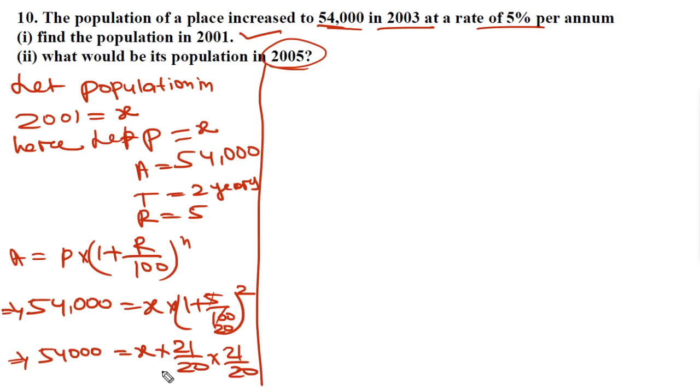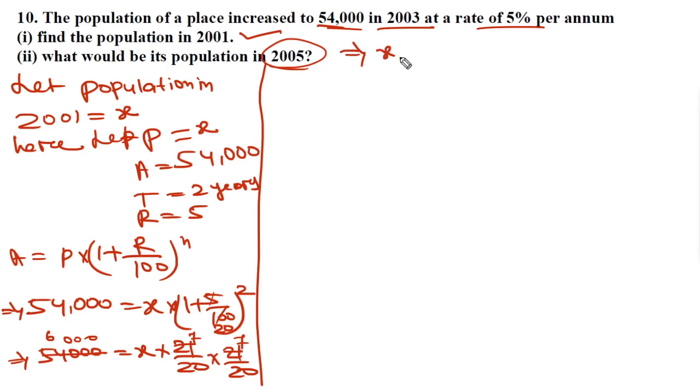Now you can cancel it. I can cancel it with 3 7s. It will be 3 7s. Here it will be 9 6s, the 54,000. So we have to multiply 6,000 into 20 divided by 7 into 7, 49, which will be equal to x.